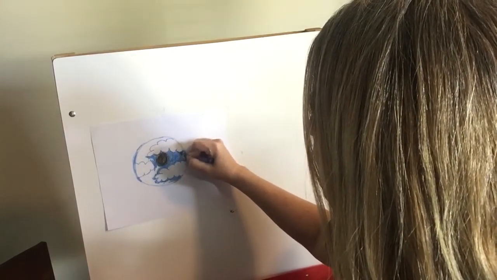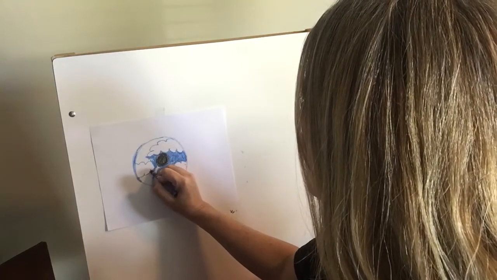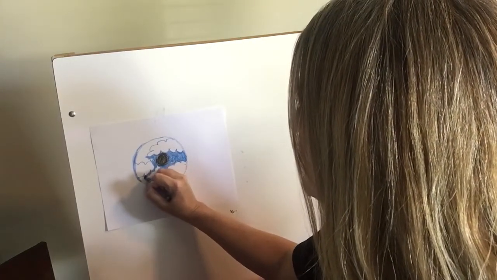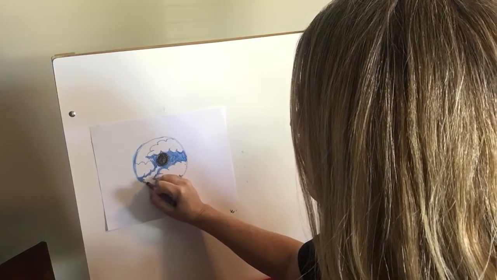I can't remember the name of it. If I remember the name of it, I will put it in the classroom Google Doc. I'll have to look that one up.